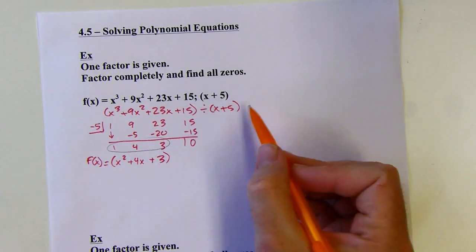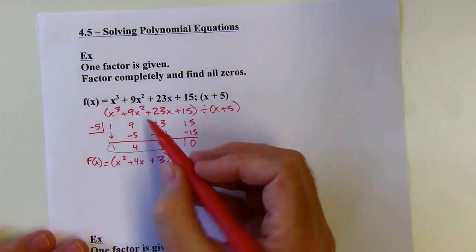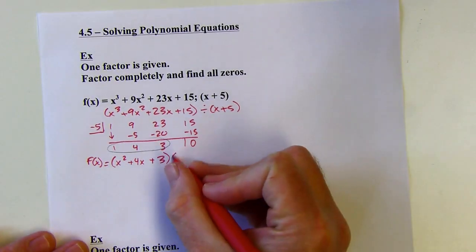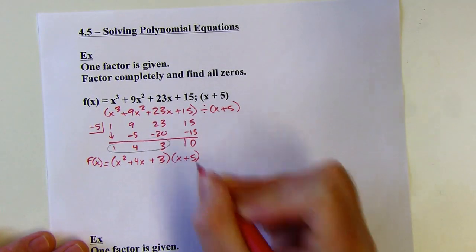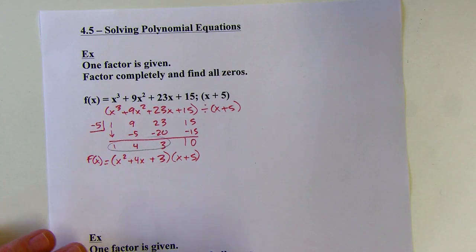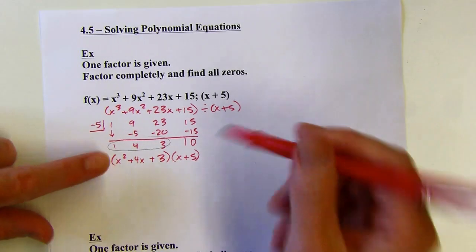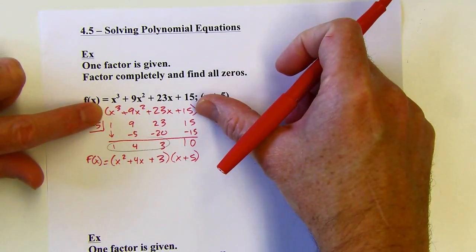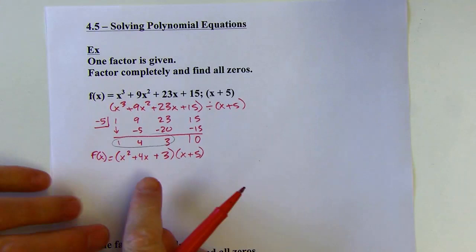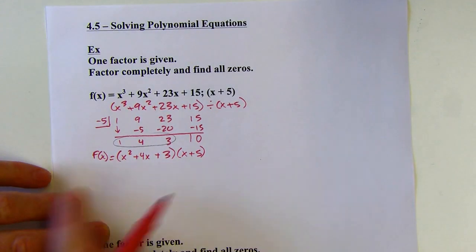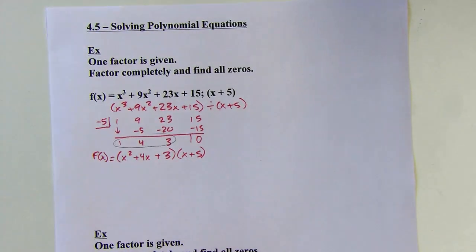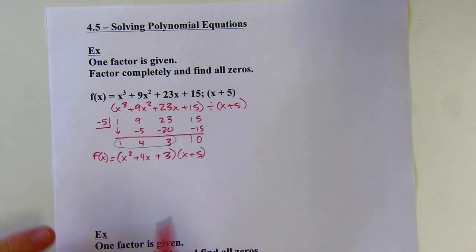So that's what I get when I divide that. If I take this polynomial and divide out x plus 5, that's what we got. So this is equivalent to that longer polynomial. You could try it out, you can multiply it back together. You should get x to the third plus 9x squared plus 23x plus 15.